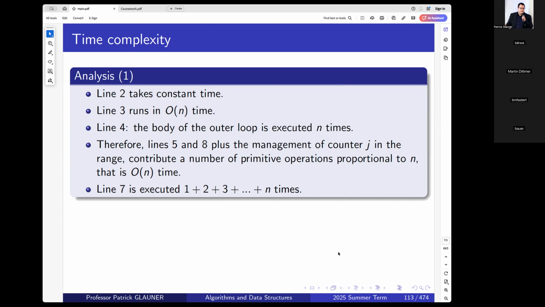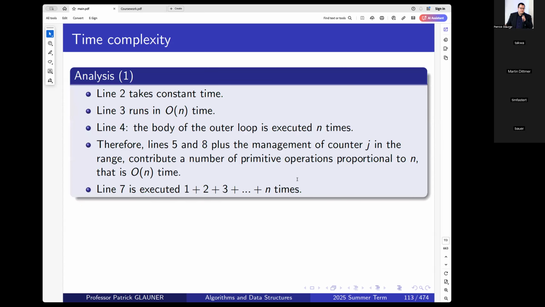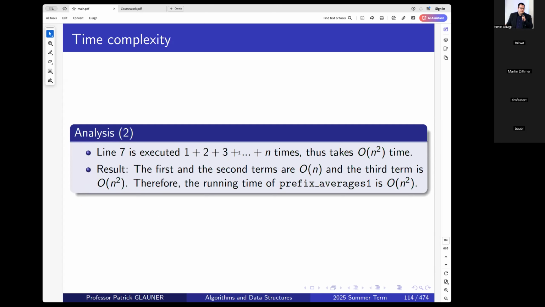And line 7 counts the most, because here we see we have some O of n. This is run n times, but this is run n squared times, or O of n squared, just to be correct. So that means line 7 is the dominating one, because some of these lines are constants, O of n, but that line counts the most.